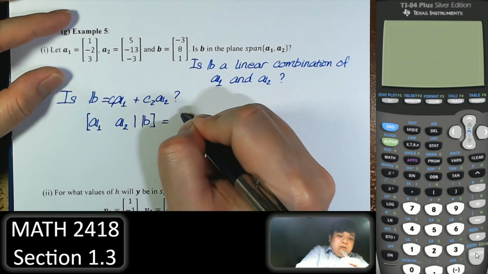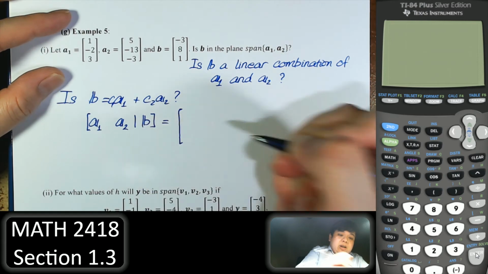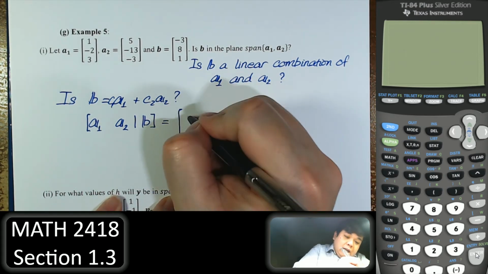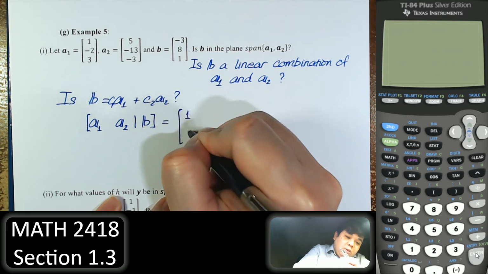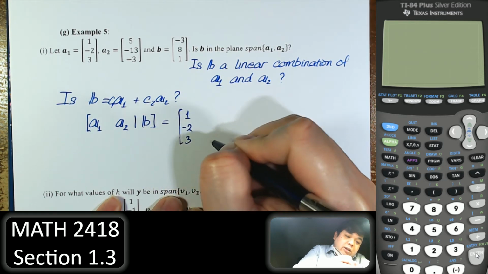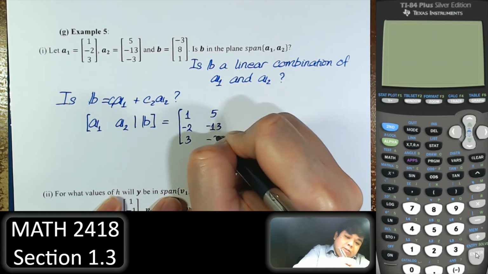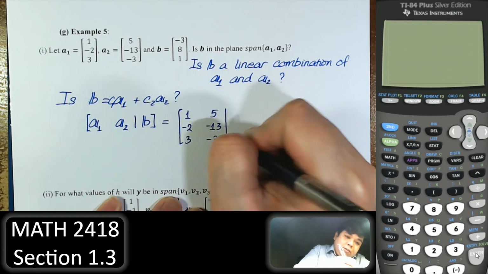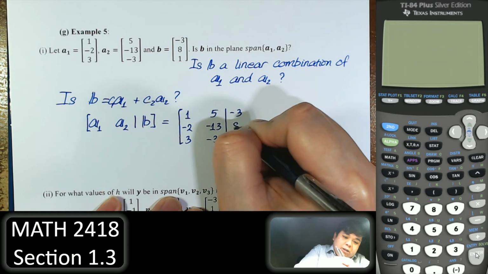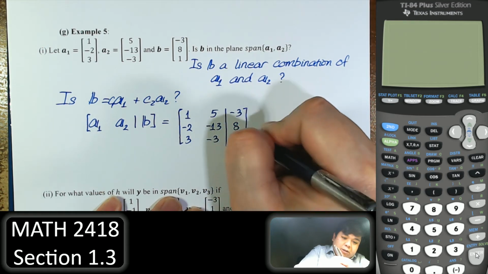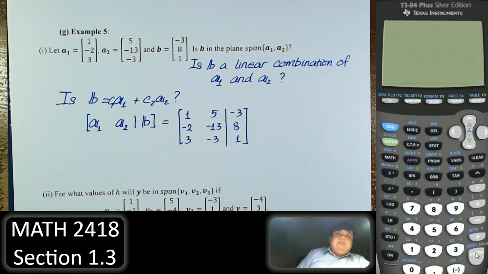To solve that system of equations, we have the answer. Vector A1 is 1, negative 2, and 3, then A2, and vector B.